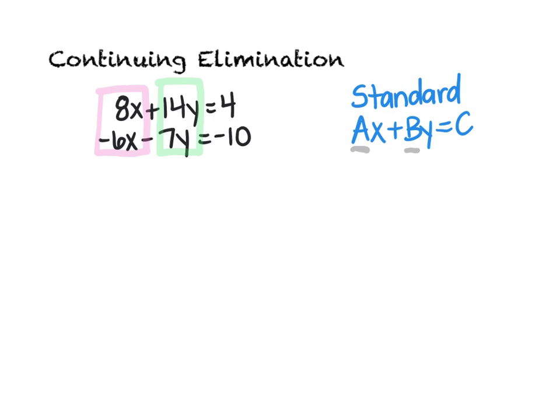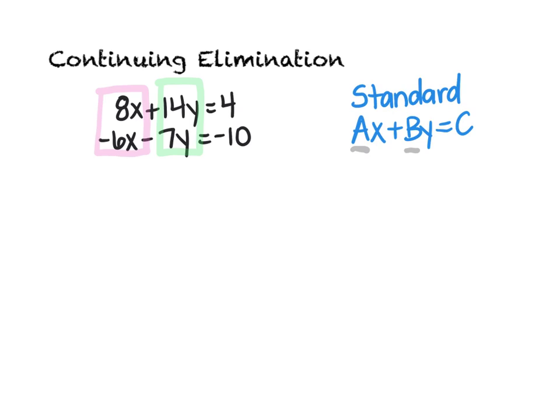So when I look at my x's, I have 8 and I have 6. We can turn 8 and 6 into each other, but we'd have to multiply both of them, and so that would essentially be more work. It's not impossible, but let's check the y's out. When I look at my y's, I have 14 and I have 7.